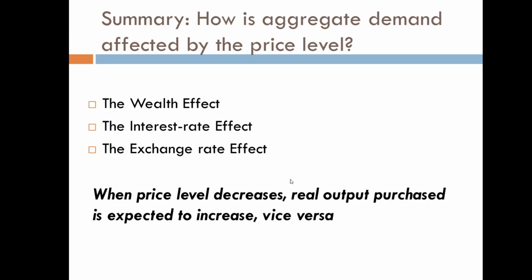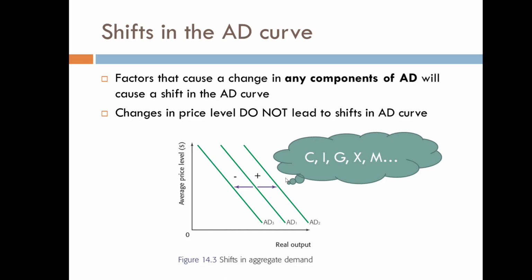Of course, we are going to talk about why sometimes the AD curve will shift. It can shift to the right, it can shift to the left, just like what you have learned in microeconomics. Any factors besides the change in price level, when it happens, there will be a change in AD.